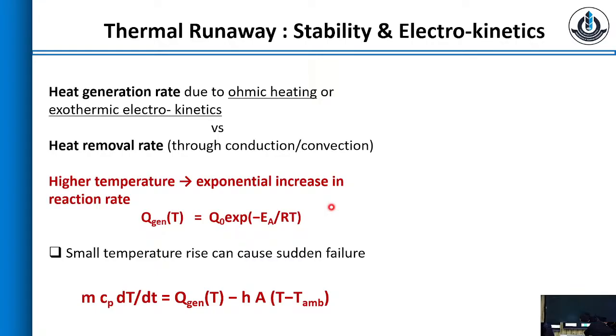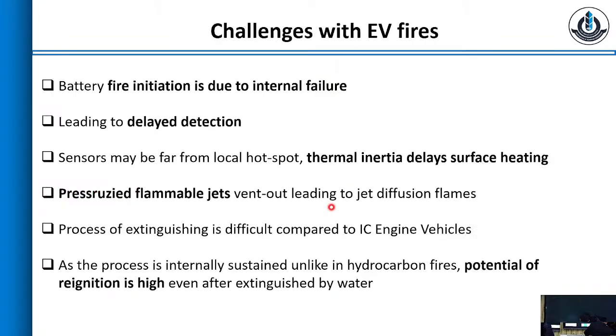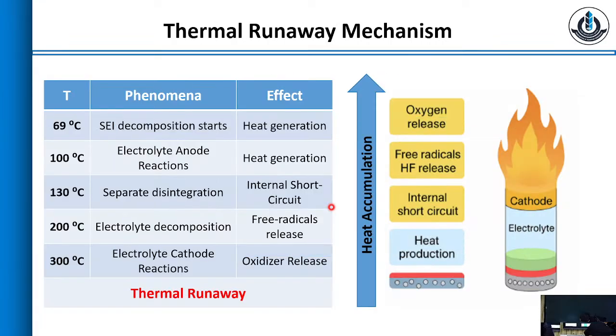Now, this is a very simple model, representing one reaction, one expression for the overall heat release rate. But as we saw, the process is complex, and it goes through multiple steps. To have a more accurate model of these battery failures, you need detailed models that can represent the whole process.